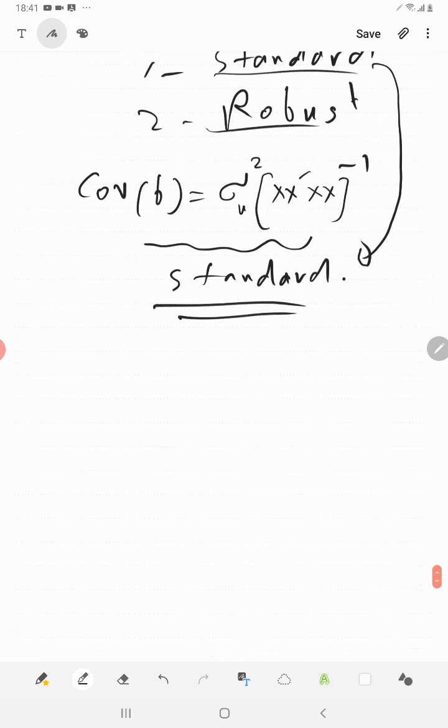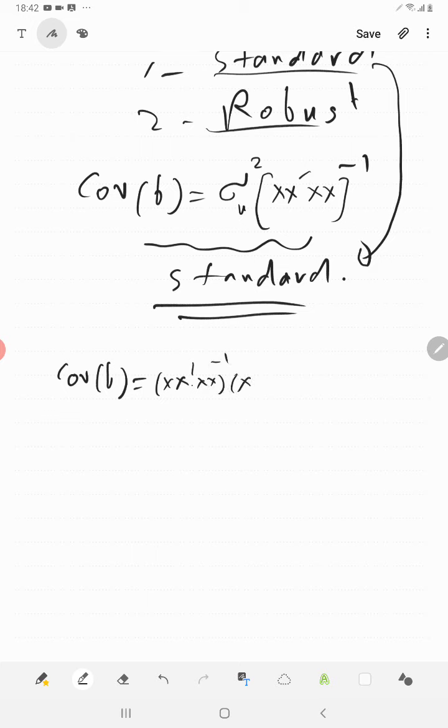Now we have robust. In the robust one, we take the original form. The covariance of B is very important. We take this matrix here, so it is X transpose X inverse.